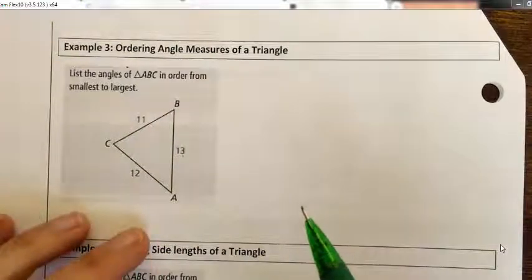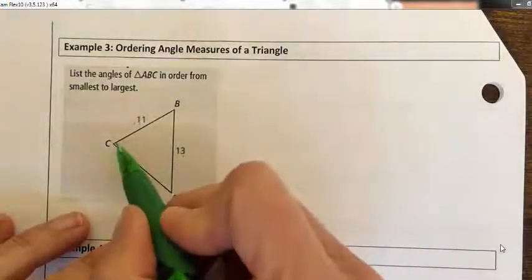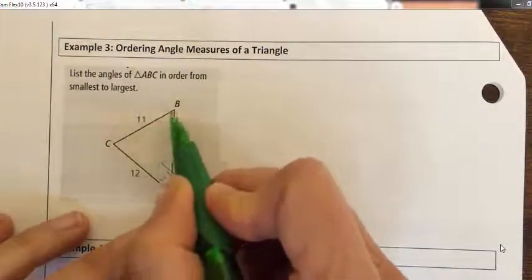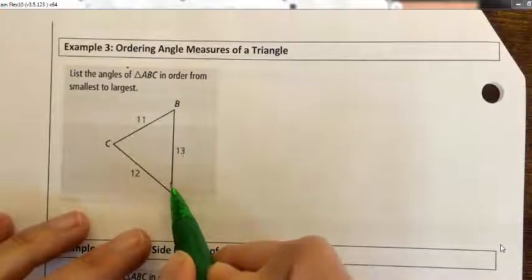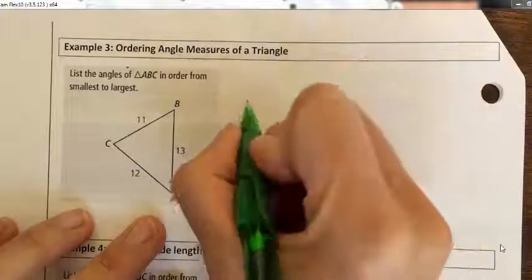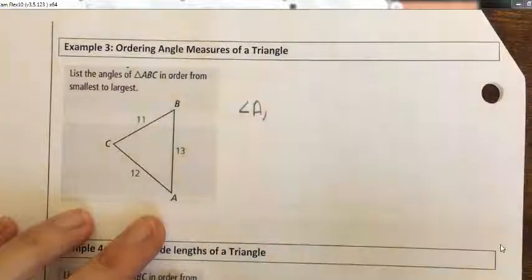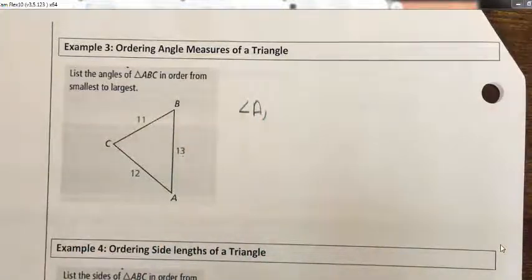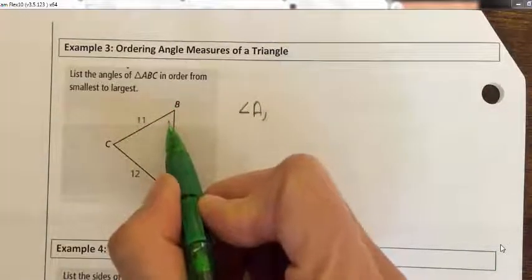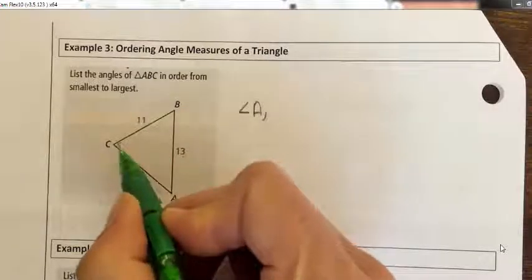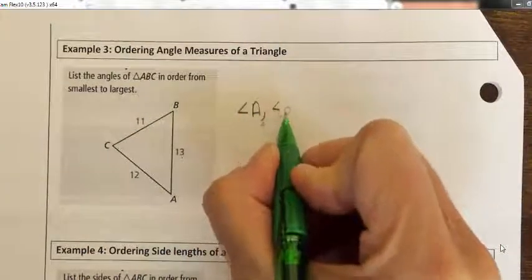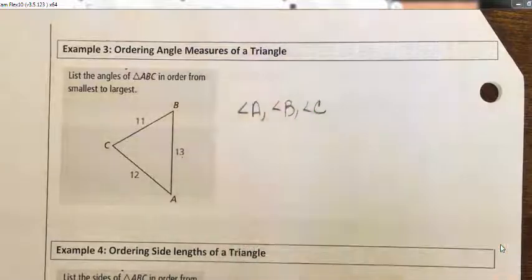So which angle is my smallest one? Well, my smallest side is over here. It's BC. So my smallest angle is going to obviously be right across from it. So angle A is the smallest. Okay, so the middle, right, not the largest, but the next one is going to be angle B because it's opposite the 12. And then again, the largest is angle C. So this goes angle A, angle B, angle C.